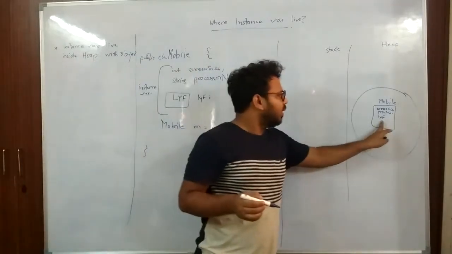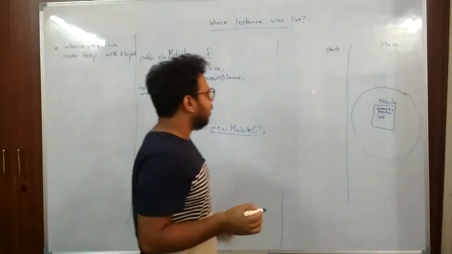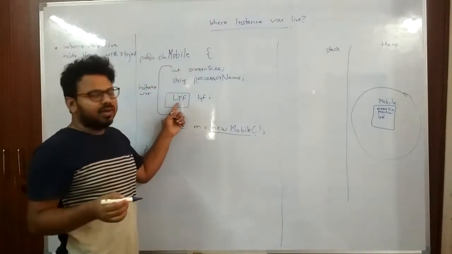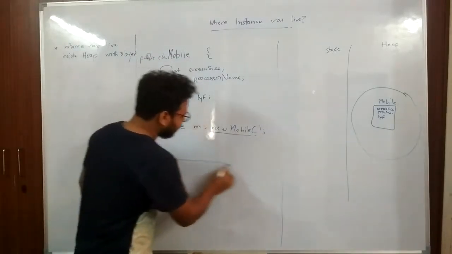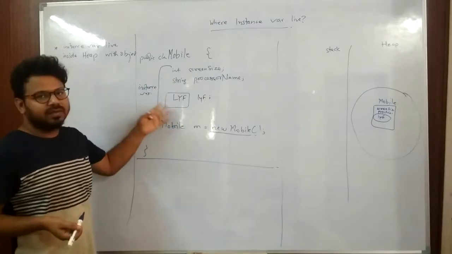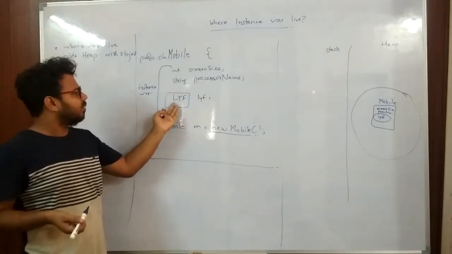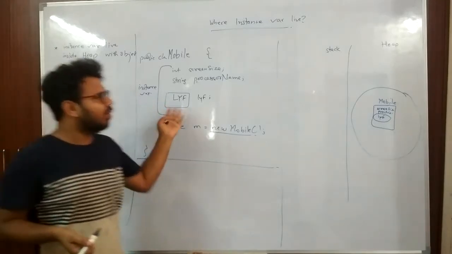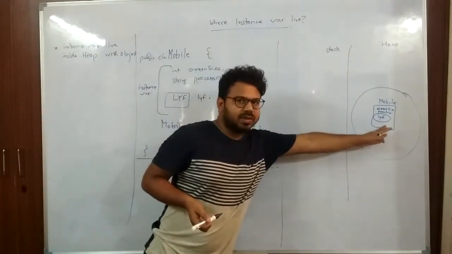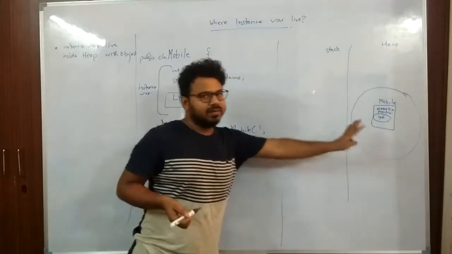It will also live here inside the mobile, but this is of type Life. These three instance variables, the primitives and also the reference variable, all live with the object inside the heap area.